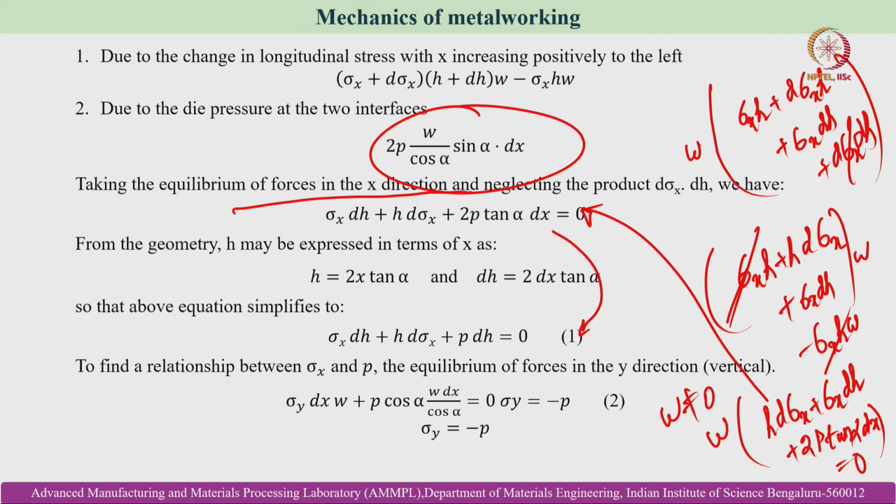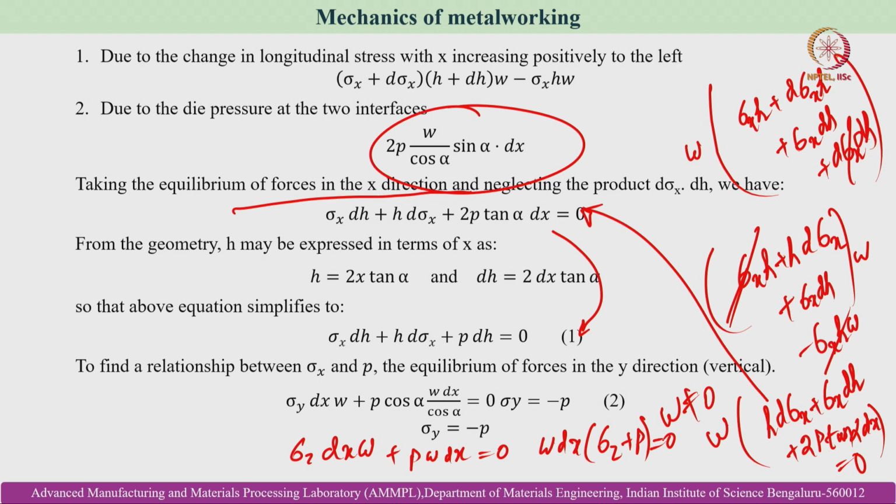In the y direction we get sigma z dx into w plus p, so cos alpha cancels out, p w dx is equal to 0. If we take w dx as common, then we get sigma z plus p is equal to 0.